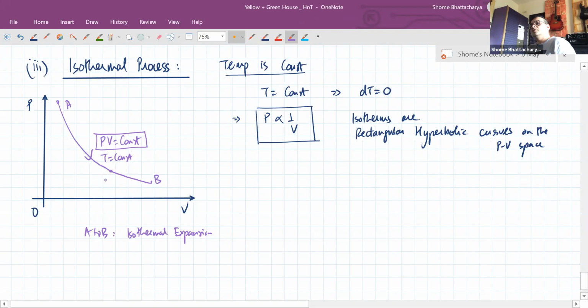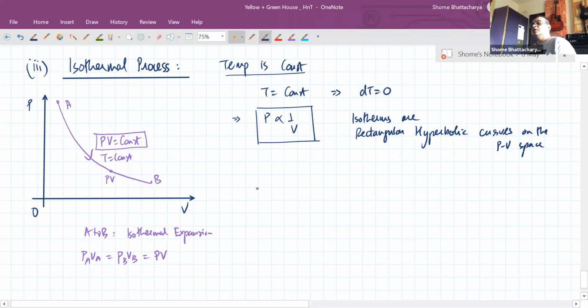So at any point in between, the pressure is like this. So PAVA is equal to PVVV is equal to P into V. And the temperature is uniform throughout.